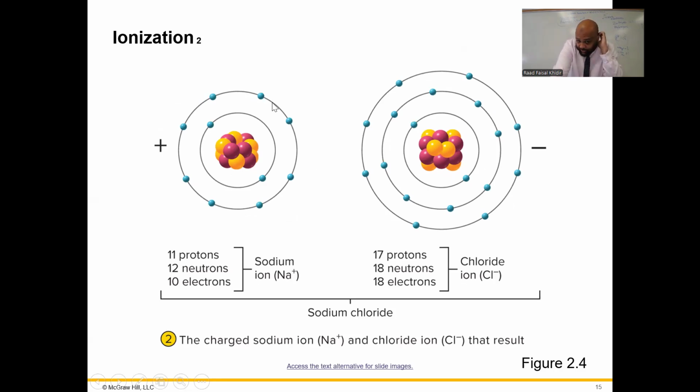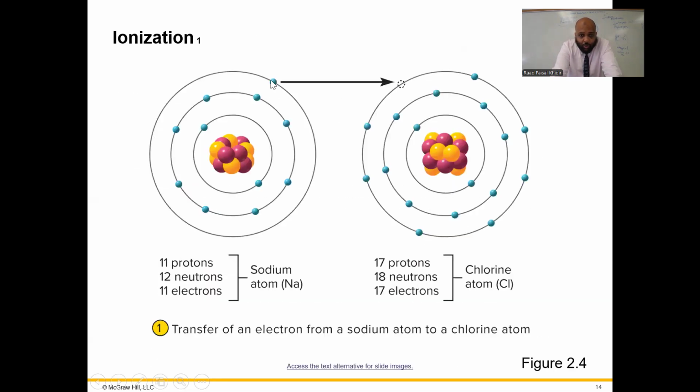Now this is sodium chloride. So the charged sodium ion and chloride ion result like this because sodium lost 1 electron, so its valence shell went down. Now it's 2. It used to be 3. Look, 1, 2, 3. It lost 1. While here chloride gained 1 electron.